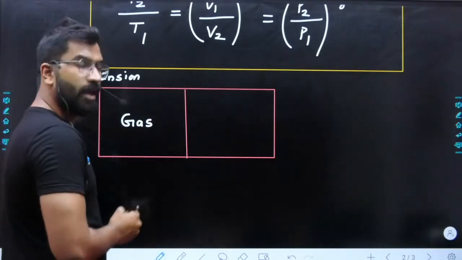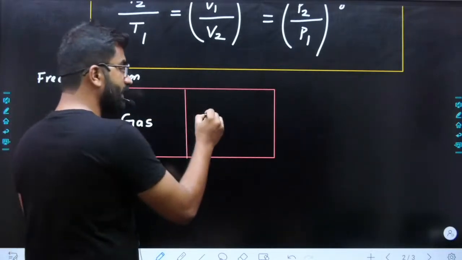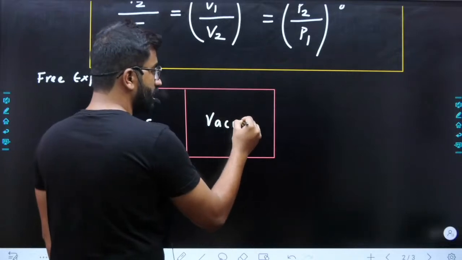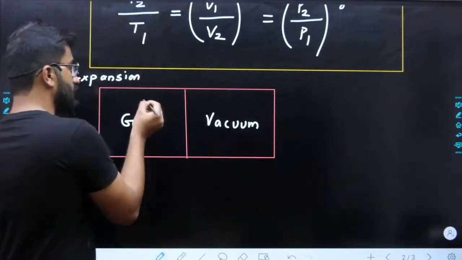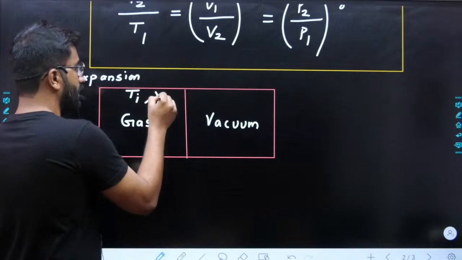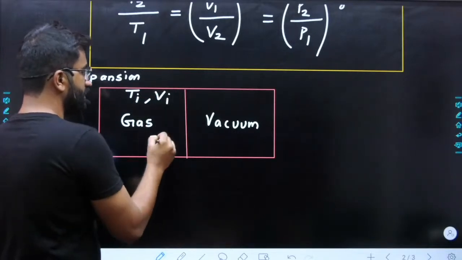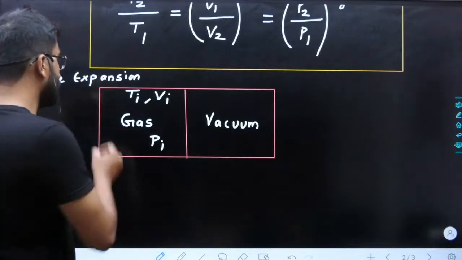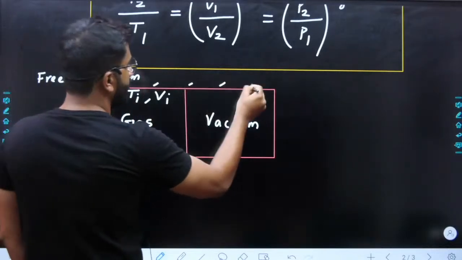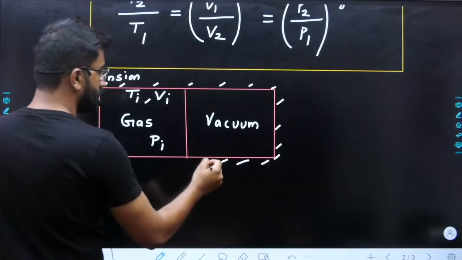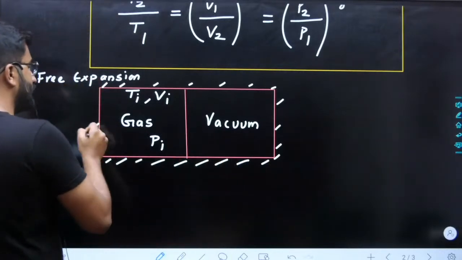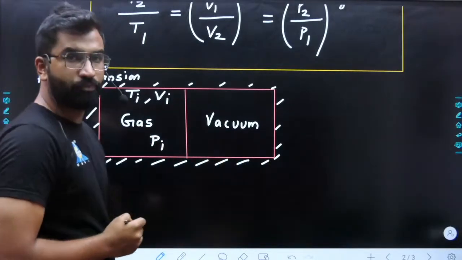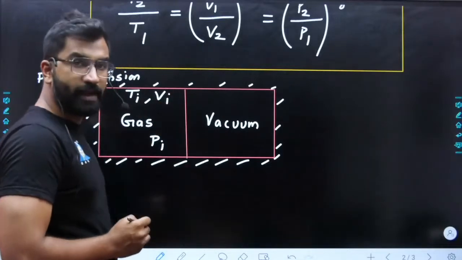We have a container with gas on one side and the other side evacuated. The gas temperature is Ti, initial volume is Vi, pressure is Pi. This container is insulated as well. Now, if you remove this barrier, what will happen?